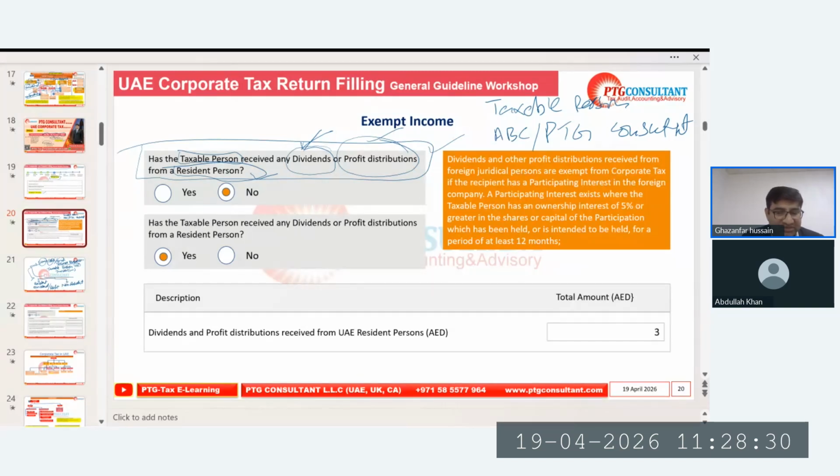Anybody would like to answer on that? Abdullah, you would like to say something? Yes, sir. The dividend we received from a company which is incorporated, registered inside UAE.